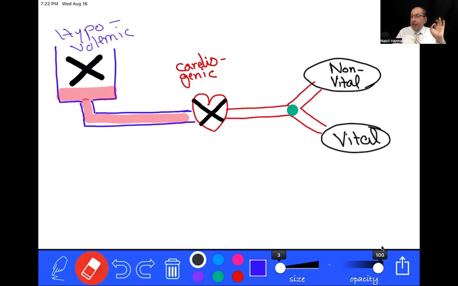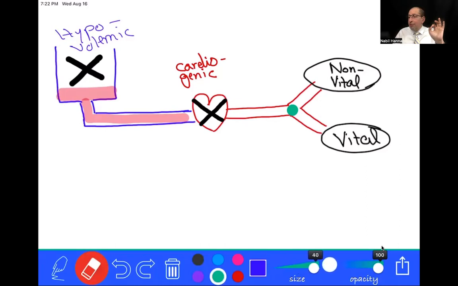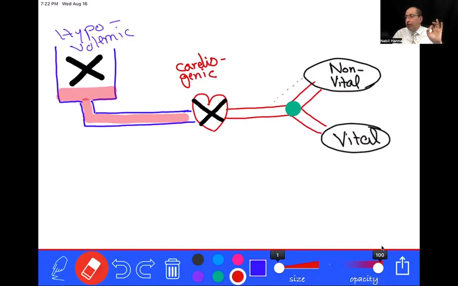Therefore, if something happens and disturbs this mechanism of distribution, and if all arteries suddenly dilate, the arteries going to the non-vital organs and the arteries going to the vital organs, if all the vascular bed dilates suddenly, what's going to happen?